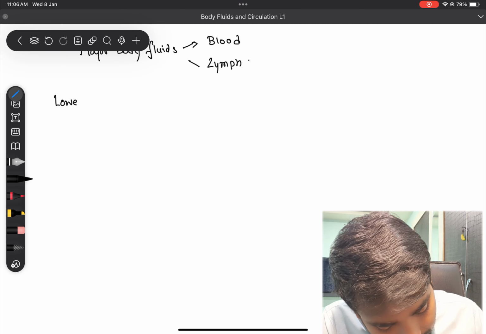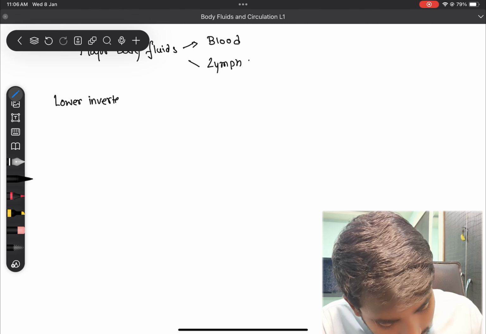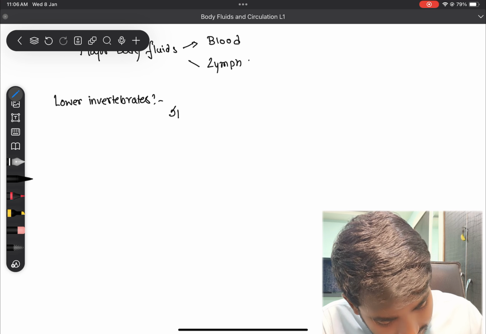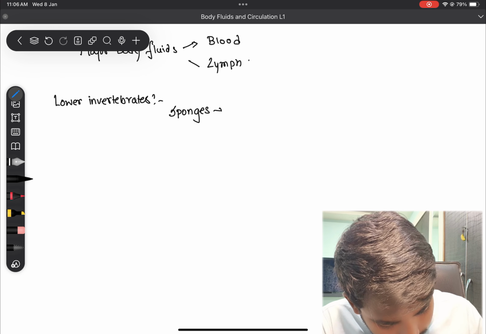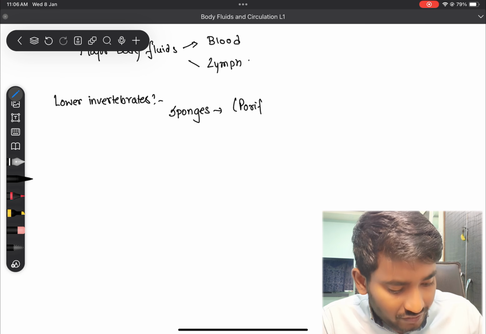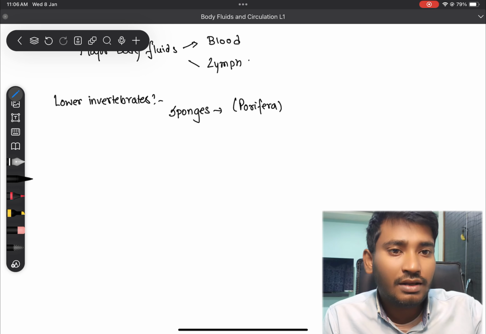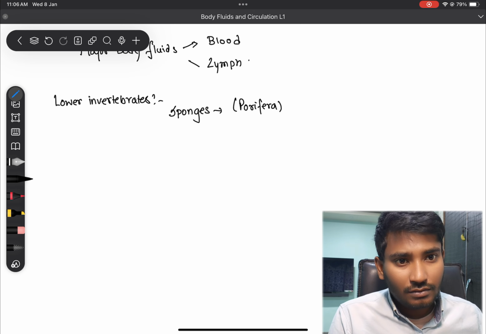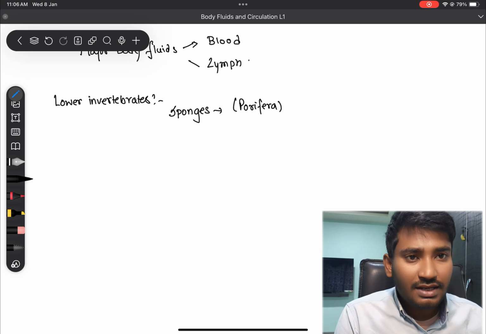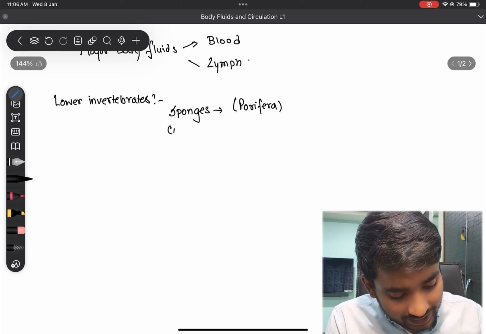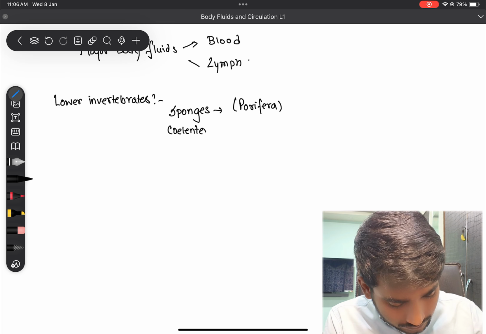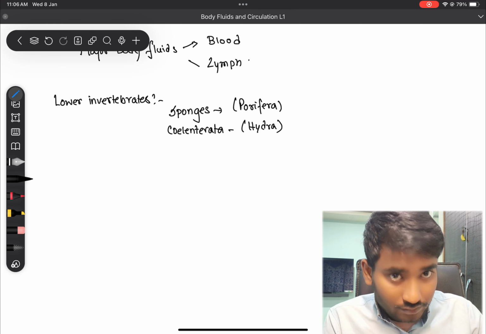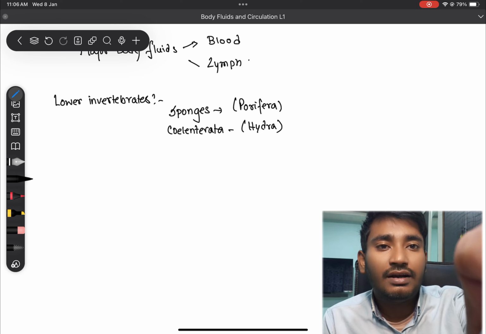Lower invertebrates like sponges are called porifera, and coelenterata, that is hydra.